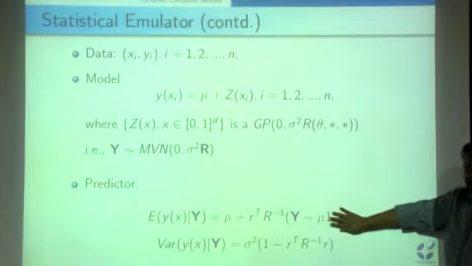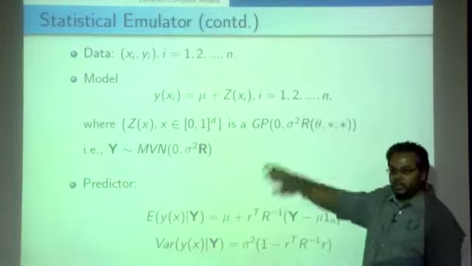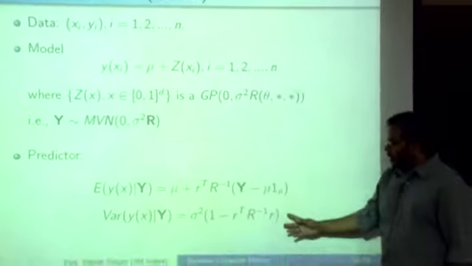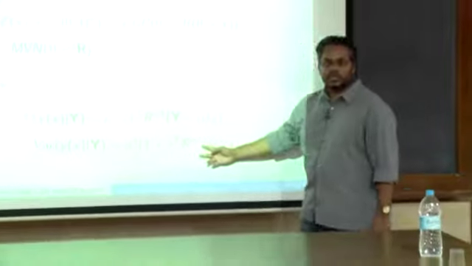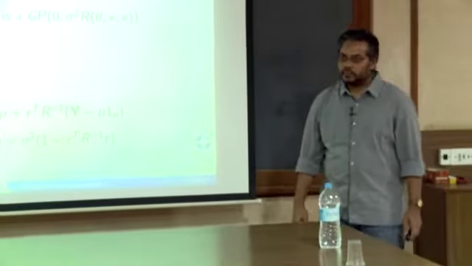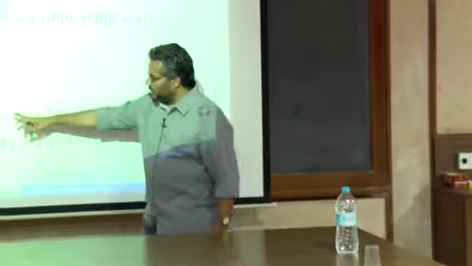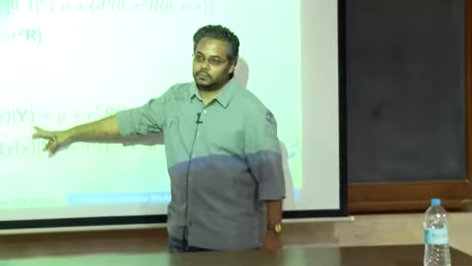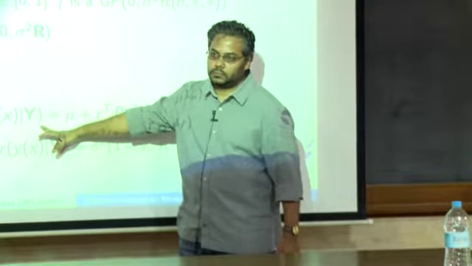We have a fitted surface here using n points, and then we have some sort of uncertainty estimate. This is given my data, xi yi.